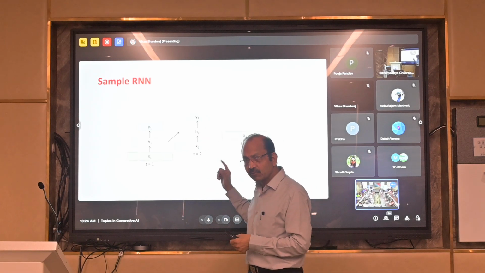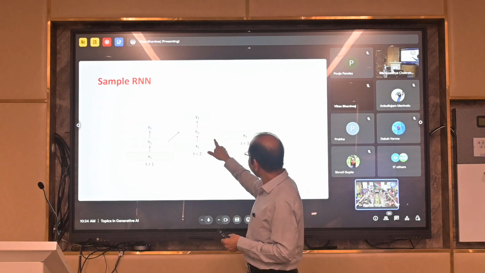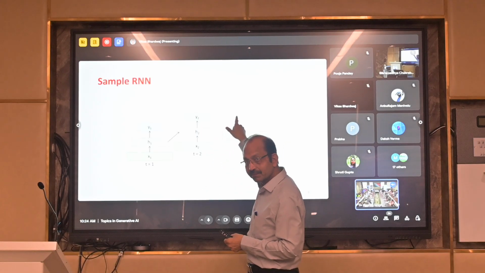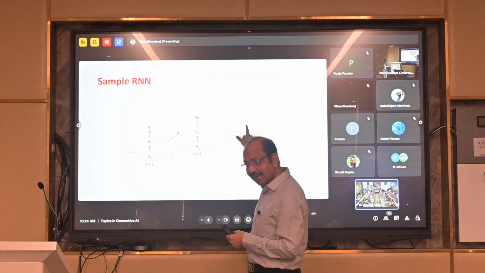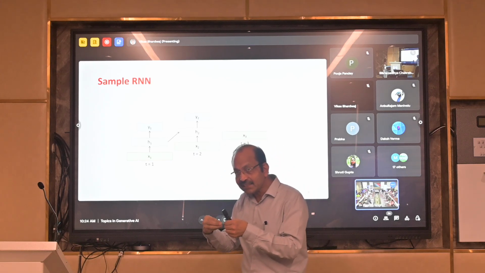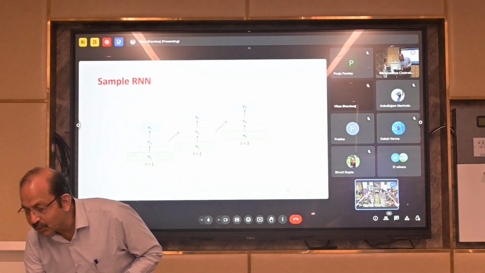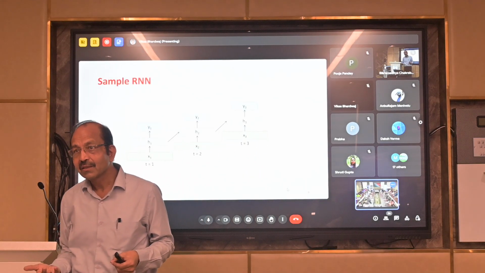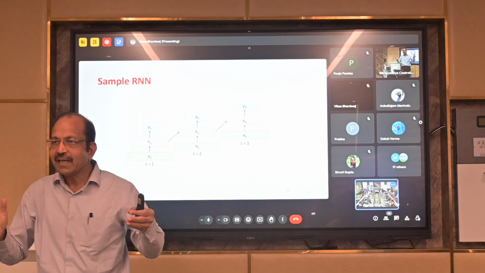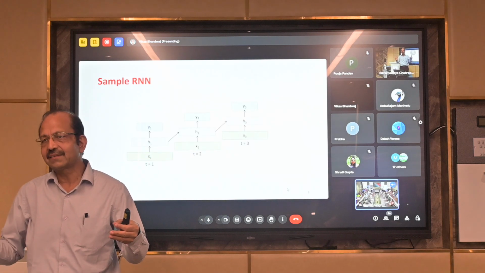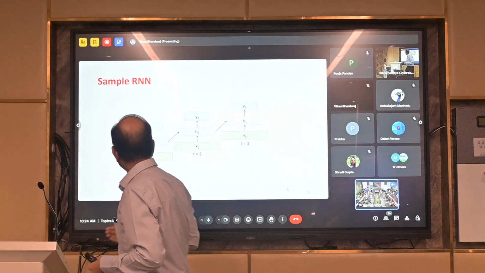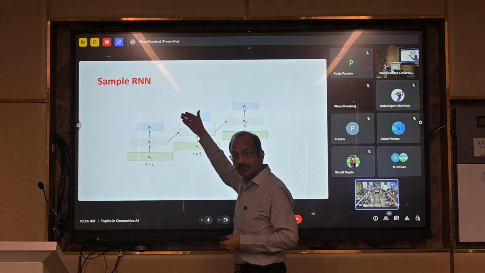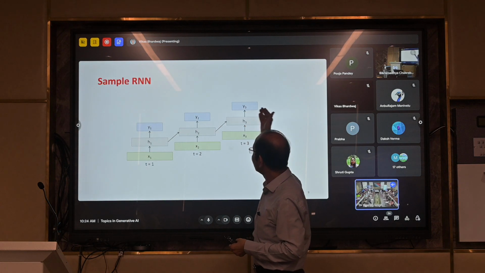Now at the next stage, what will happen? You will find that S2 will go as an input. X3 is my next input. Based on these, I am going to compute the output at t equal to 3. So if you have a sample of length 3, I can compute the outputs at the various units y1, y2, y3.